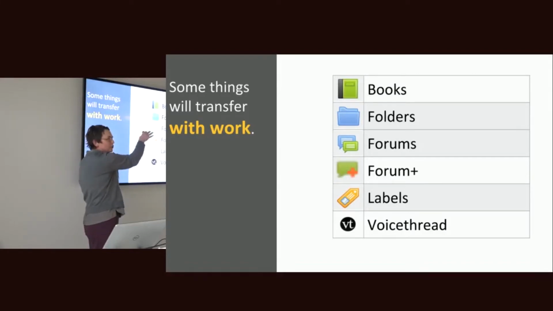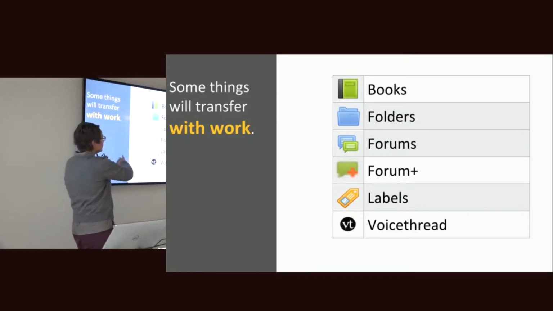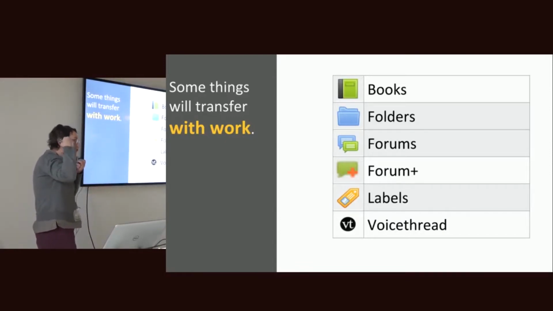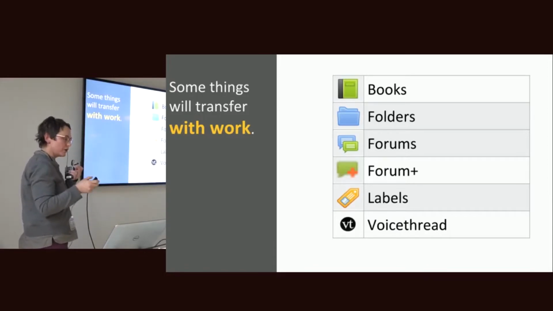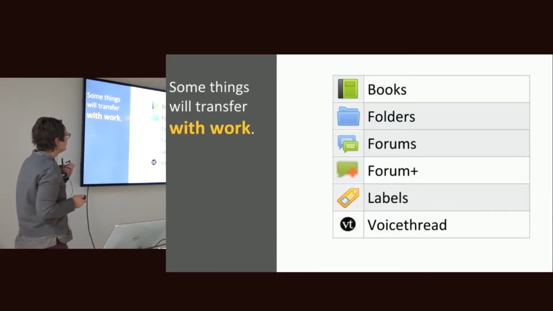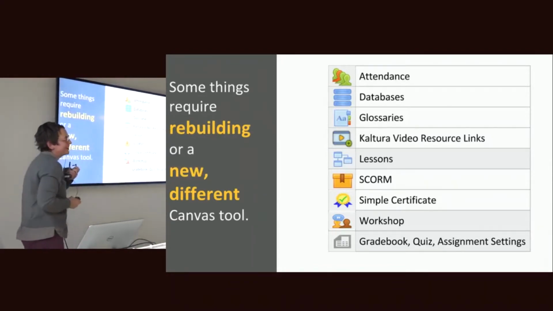Some things are going to transfer with work. I'm not expecting you to remember all of these things, and in the slide deck, which I'm sure you'll get access to, there's more information at the bottom about what troubles people are having with these. But just put in the back of your head, if you use any of these things, it's going to take some work to make sure that they're working in Canvas. And here's, Renee was mentioning the workshop, it's right there.